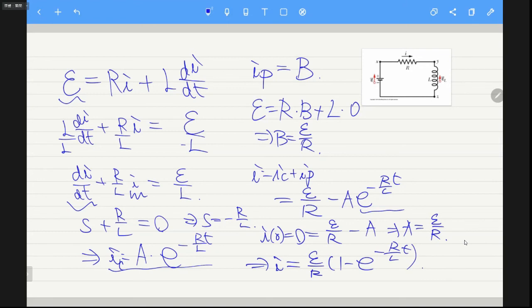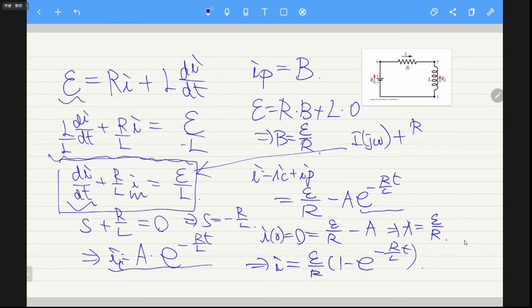Or actually, most of you are learning signals and systems, so you can take the Fourier transform of this equation. You will get I(j omega) times j omega plus R over L. Taking the derivative, we have j omega here, and then I(j omega) like this.